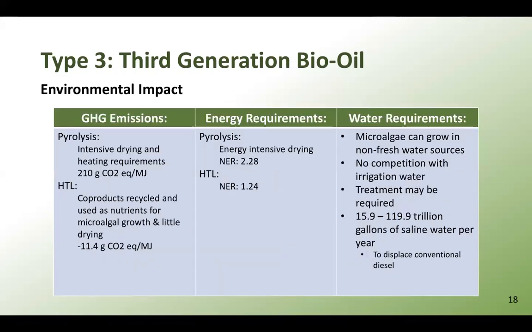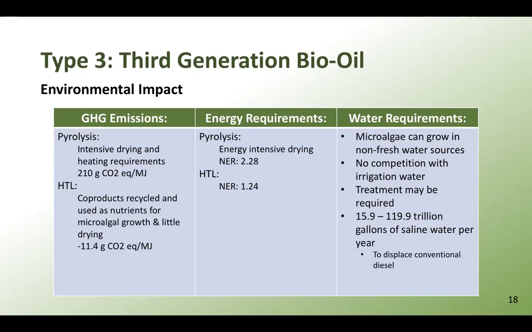So as for the environmental impact, it differs between pyrolysis and hydrothermal liquefaction because, as mentioned previously, pyrolysis does require more intensive drying and heating. As for the greenhouse gas emissions, it was found that the pyrolysis pathway to produce bio-oil requires around 210 grams of CO2 equivalent emissions per megajoule of bio-oil produced.